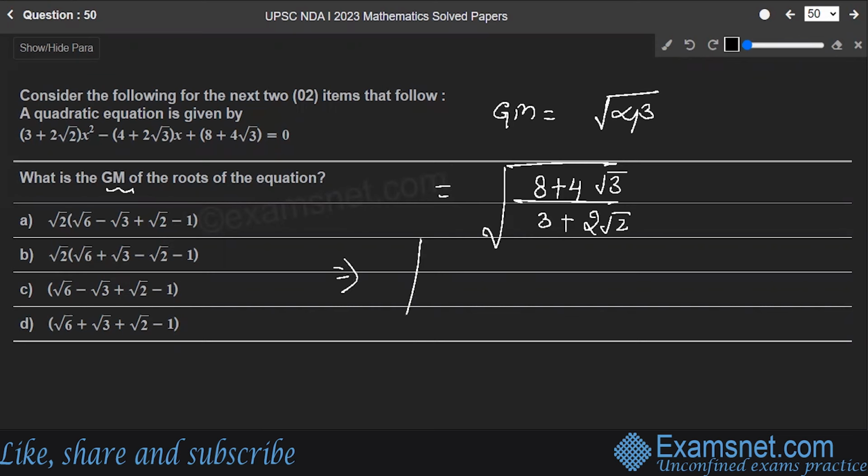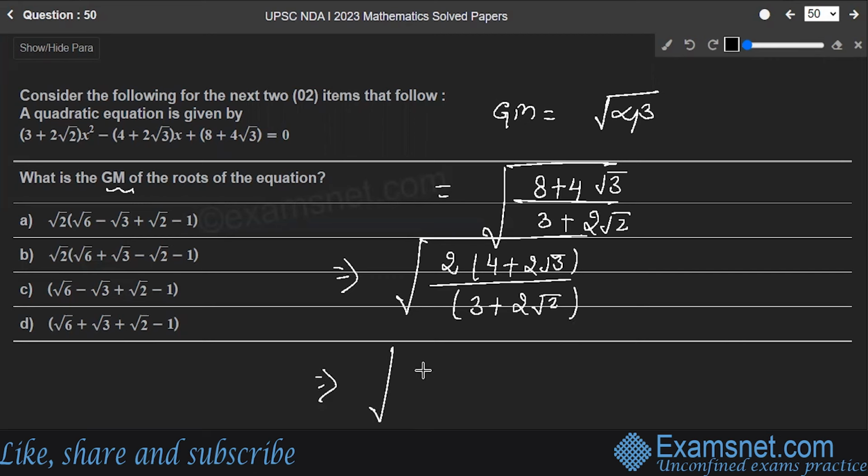This can be written, I'll be taking 2 common from the numerator. So this will be (4 plus 2 root 3) upon (3 plus 2 root 2). 2 into, this can be written as 1 plus 2 plus 2 root 3.